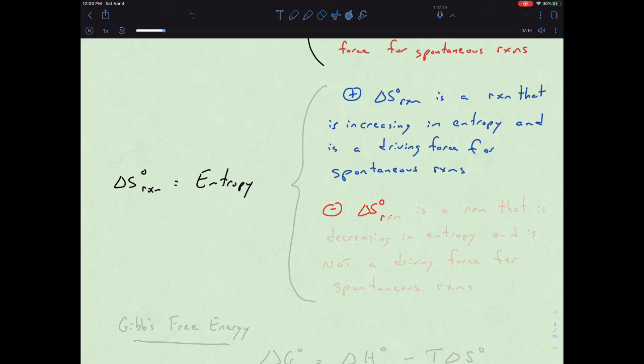If we have a negative delta S of reaction, this means that this is a reaction that is decreasing in entropy and is not a driving force for spontaneous reactions.